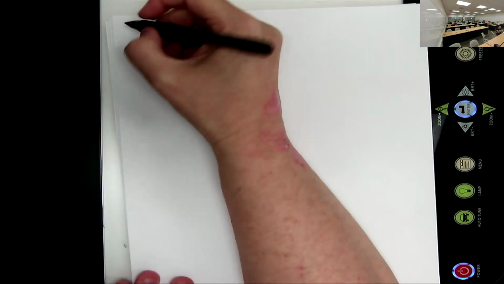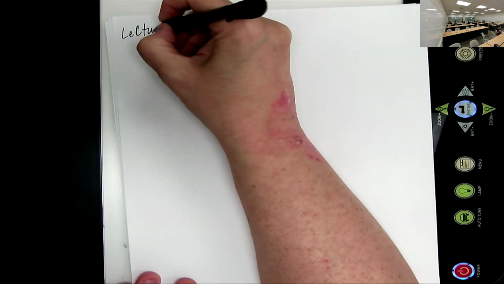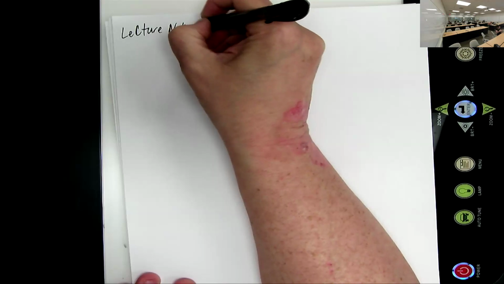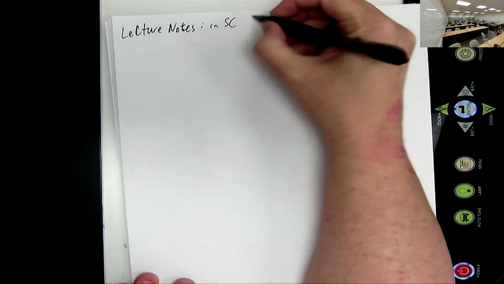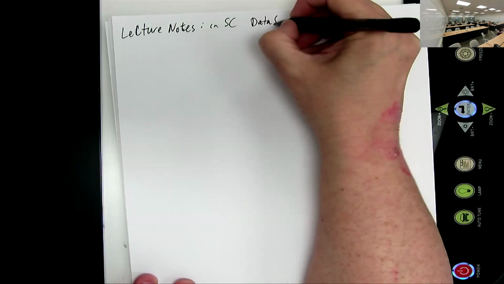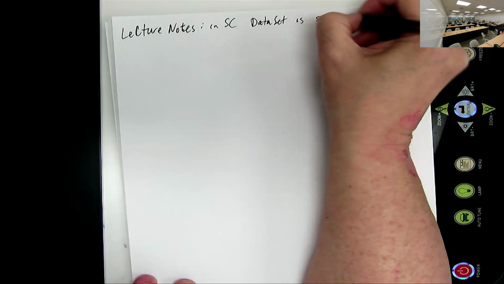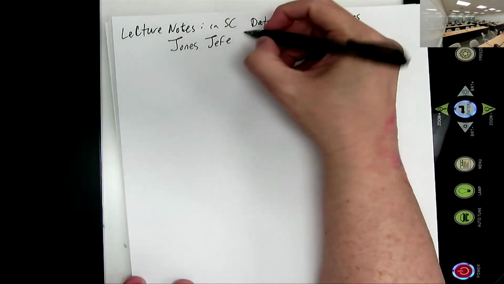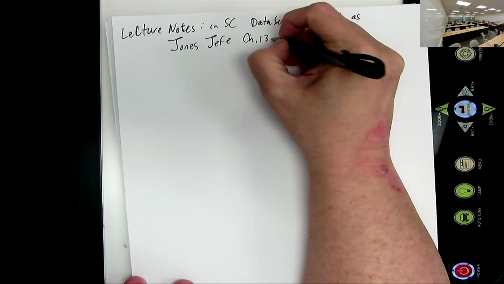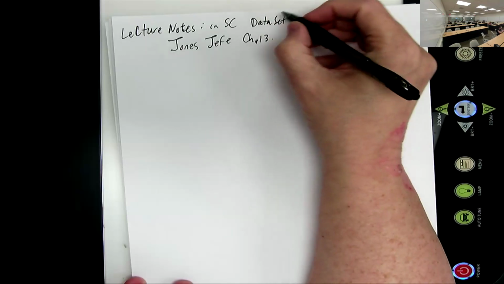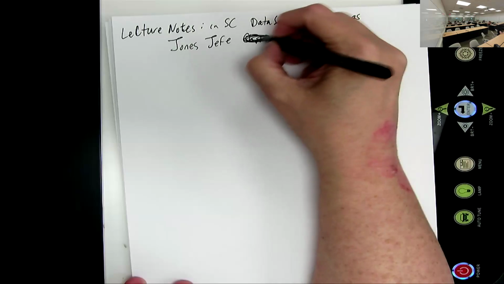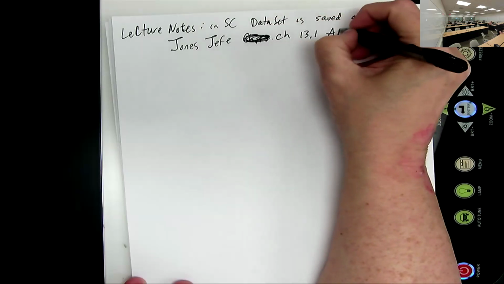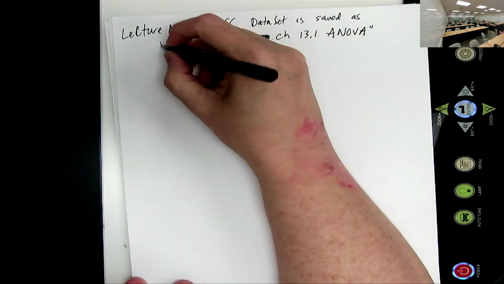Alright. So both of these are from our lecture notes that are in Canvas. But if you wanna load up the data on StatCrunch while you're doing it, I have the data set saved as Jones. FA. Chapter 13.1. There is no period after chapter. CH 13.1 and then ANOVA. That's the name in StatCrunch.